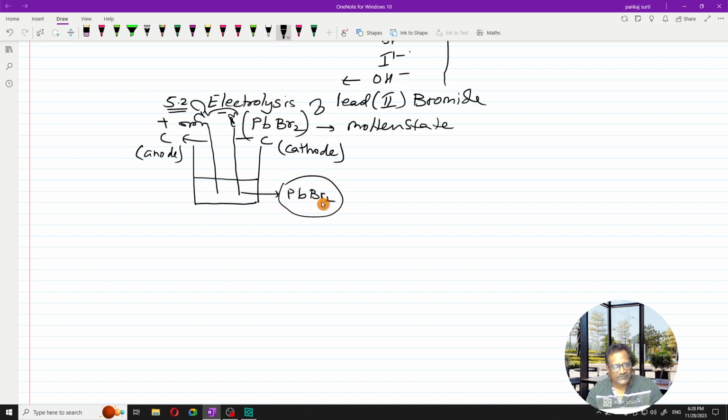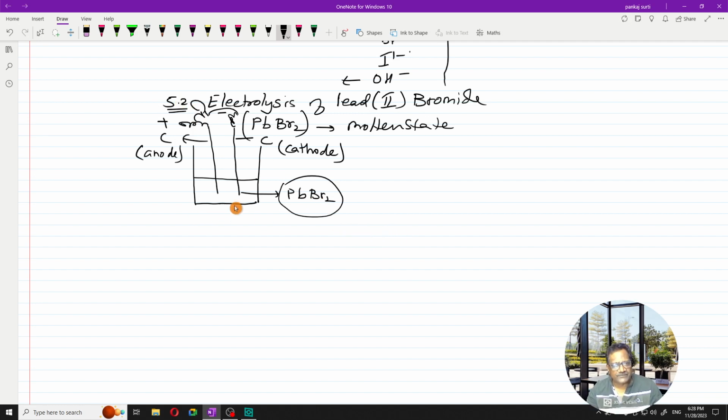The lead and the bromine ions are not separated, so they are not going to move, and when they are not moving, how is electricity going to be conducted? Because electricity is conducted only when there is a movement of charge. If no charged particles are created, there is no question of electricity being generated, and that is the reason this bulb will not light.